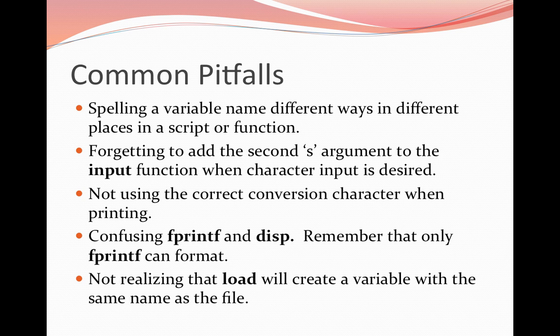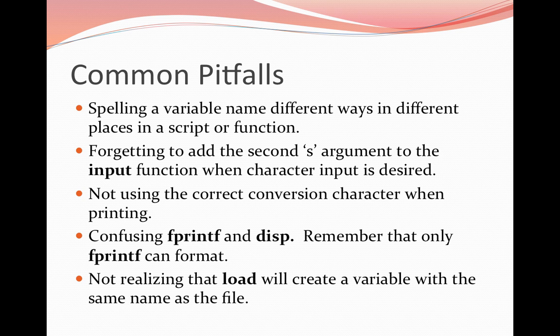With scripts and input and output, here are some common pitfalls. One is spelling a variable name in different ways in different places in a script or a function. Another is forgetting to add the second argument, which is quote s quotes, to the input function when you want the user to enter a character or string input.